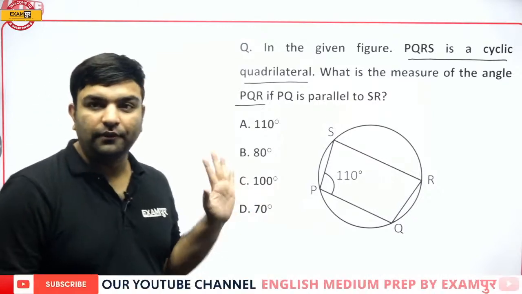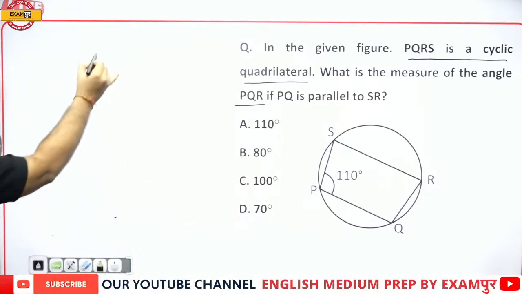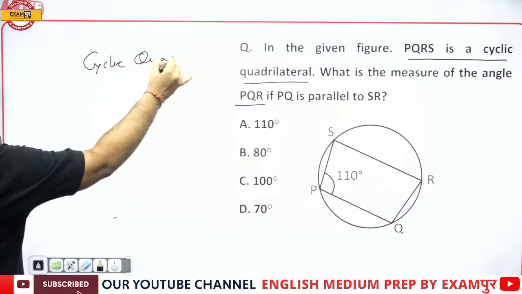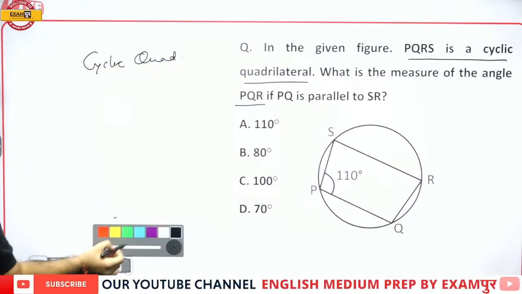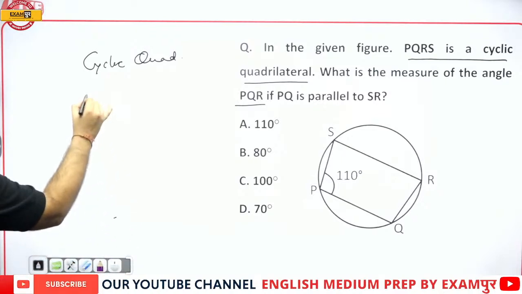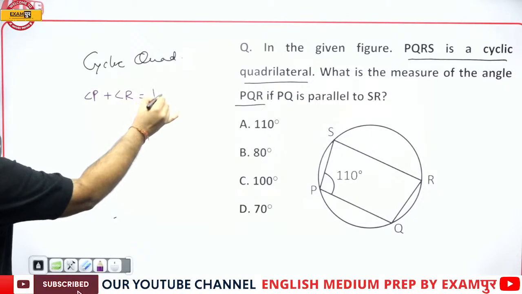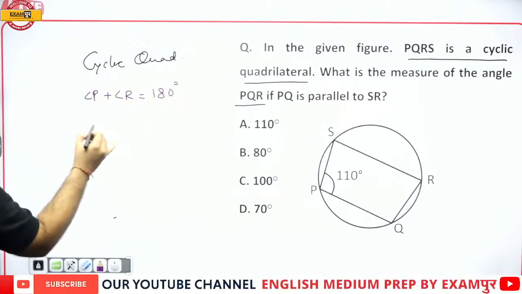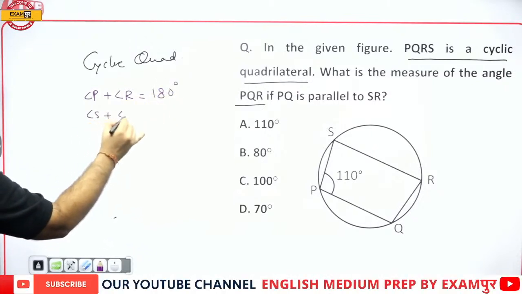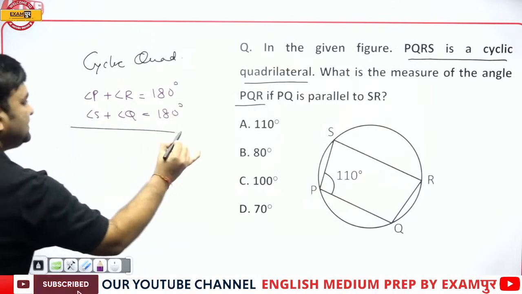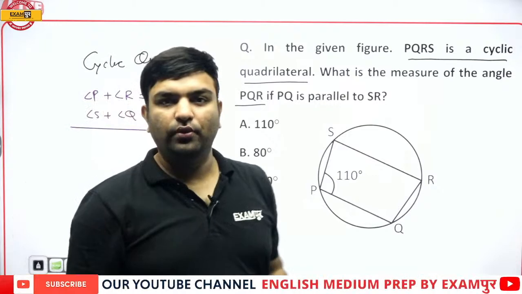One is the property of a cyclic quadrilateral, which says the sum of opposite angles is 180 degrees. In any cyclic quadrilateral, the sum of opposite angles is 180 degrees.